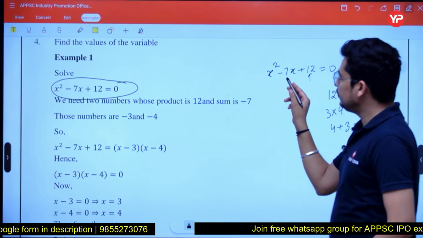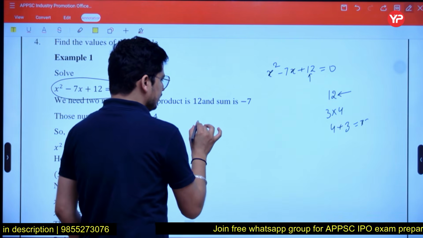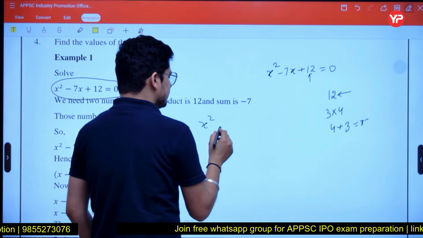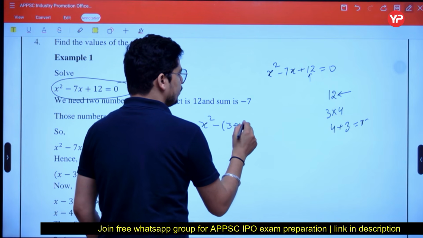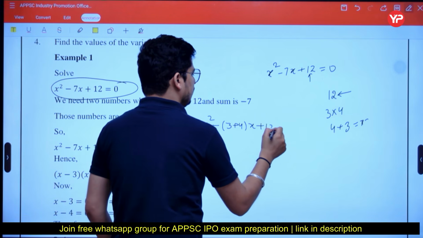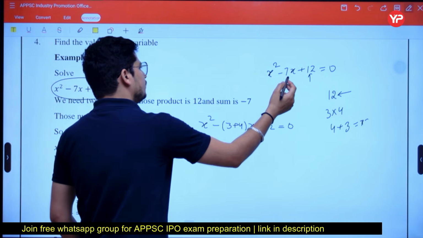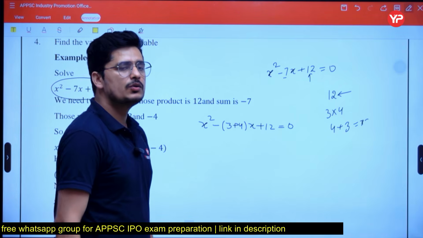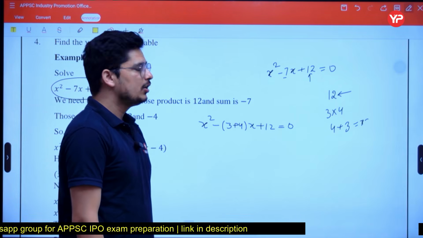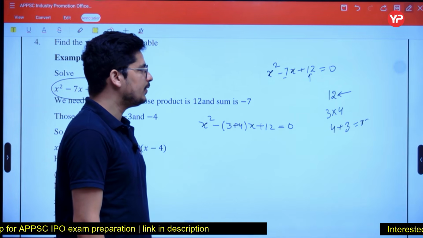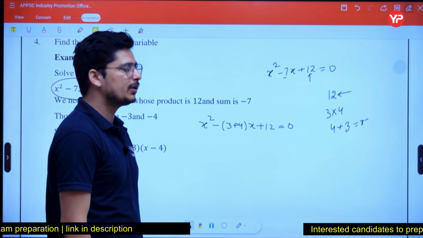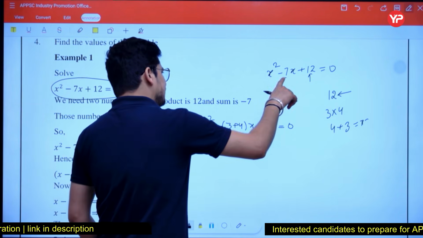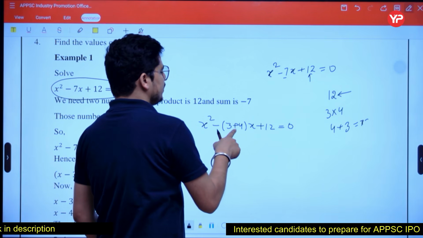So now we have got it: the middle term 7 can be written as 3 plus 4, times x, plus 12 equals 0. The sum of 3 and 4 is 7, so the middle 7 can be replaced by 3 plus 4.